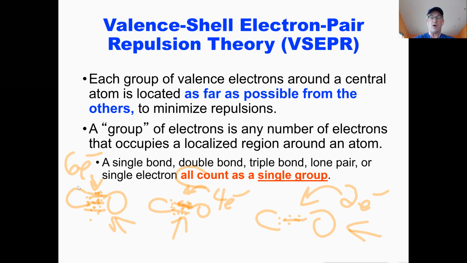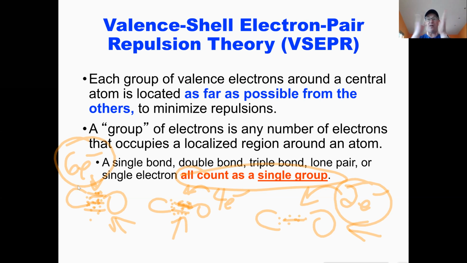So they're all single groups, but we will see that they have a different effect on shape. Why? Because there's three times as many electrons in a triple bond as there is in a single bond. And so there's a lot more charge density in that one space.